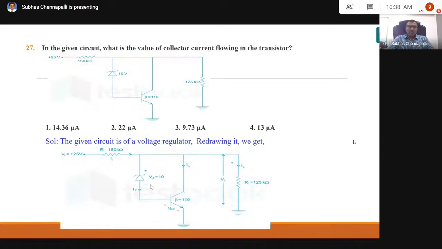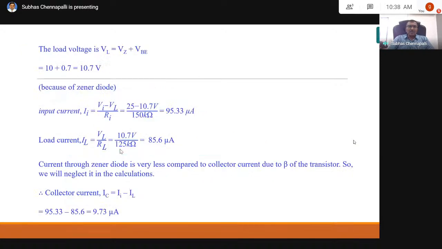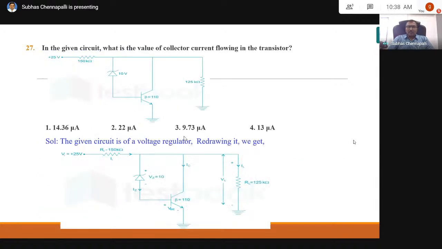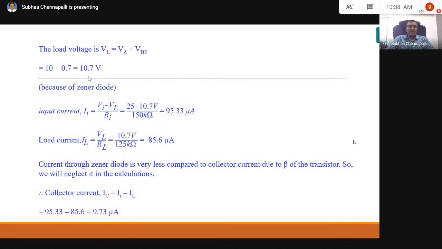So VZ plus VBE, that is what is given here. Then VL in the problem, VZ is 10, it is 0.7. So your VL becomes 10 plus 0.7, so 10.7.